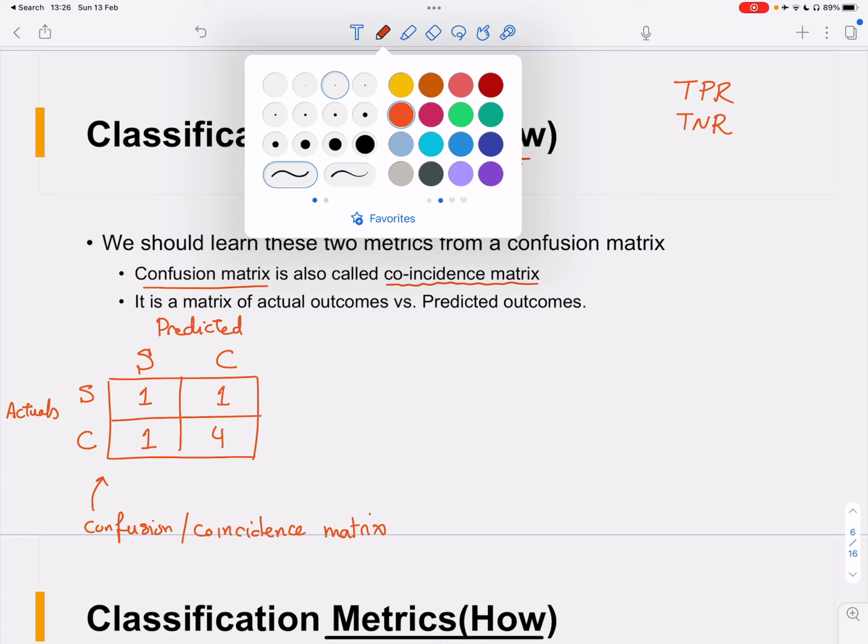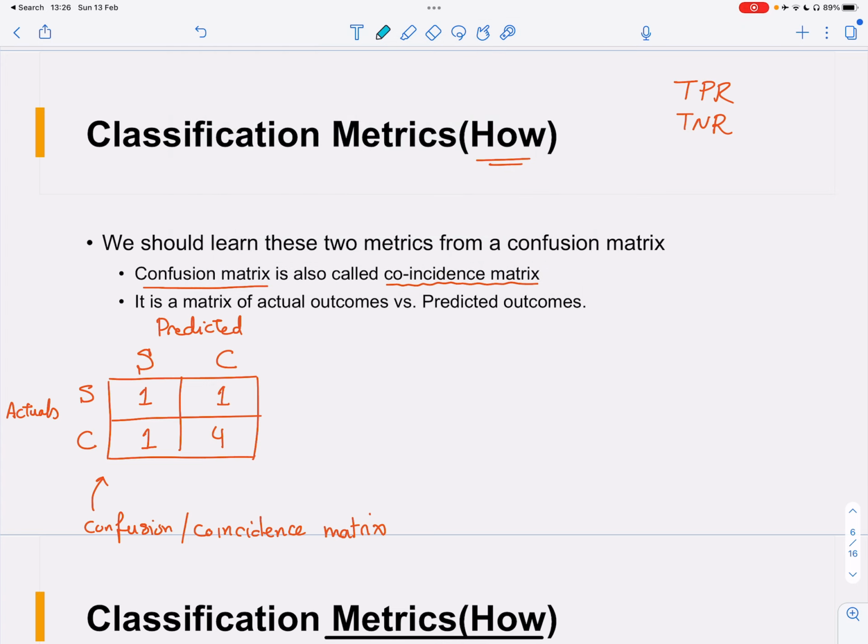true negative rate. In order to do so, we need an arbitrary designation of one of the outcomes as positive.